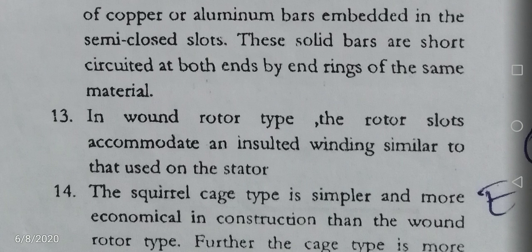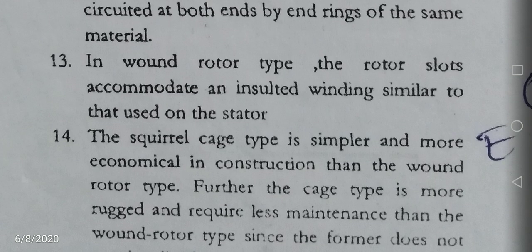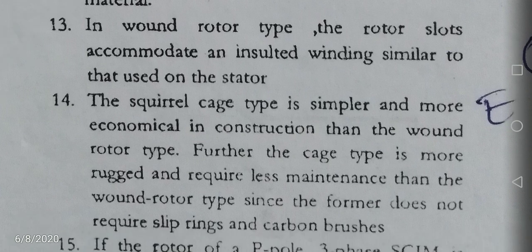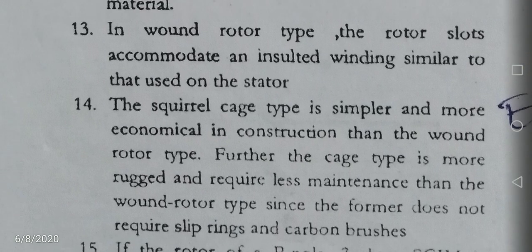So in a slip ring machine, the rotor winding is similar to the stator winding. But in a squirrel cage, there is no rotor winding, only copper bars. The squirrel cage type is simpler and more economical in construction than the wound rotor type. Wound means here slip ring rotor.